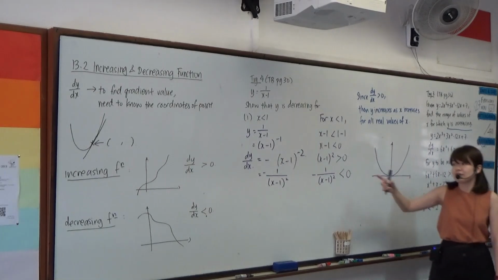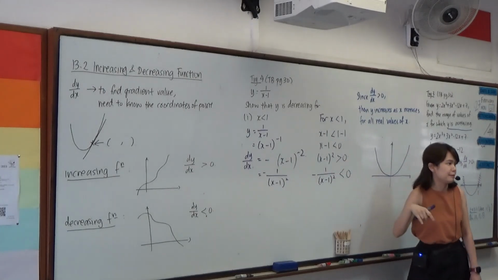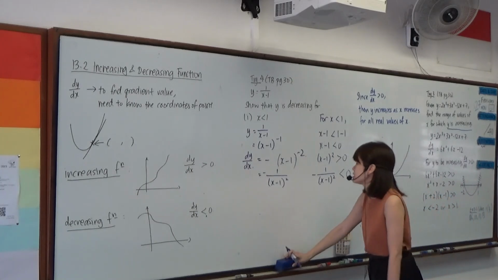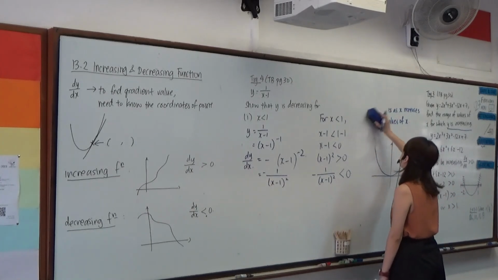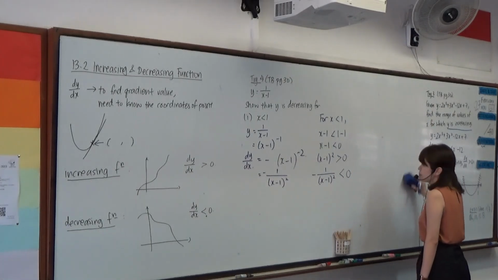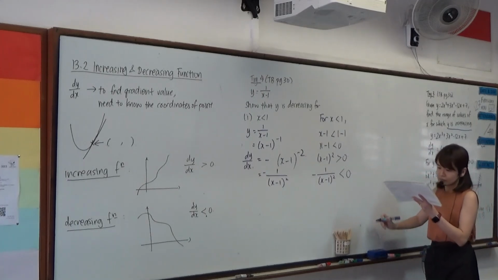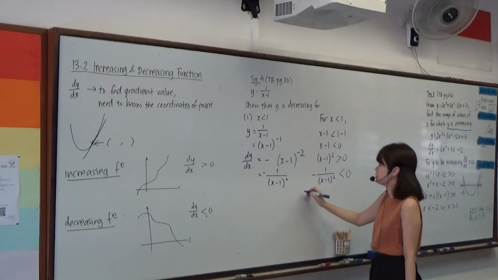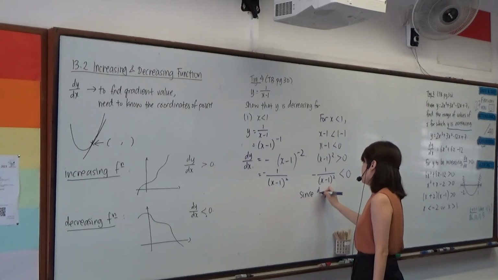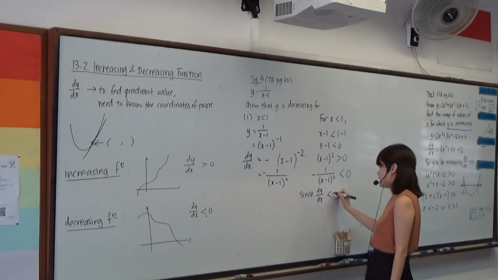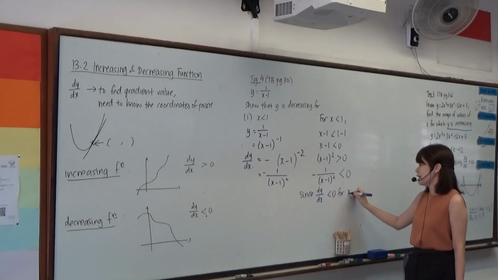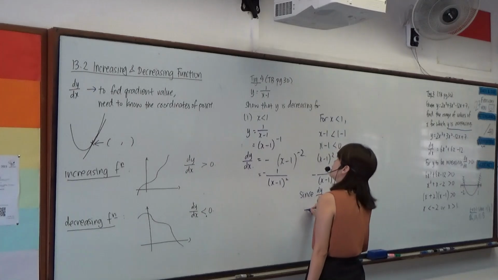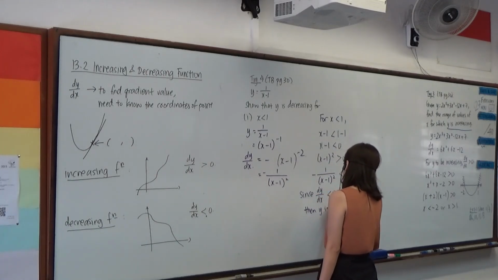We will do more about this later on as the fraction gets more complicated. So therefore, since dy over dx is less than 0 for x less than 1, then y is decreasing.